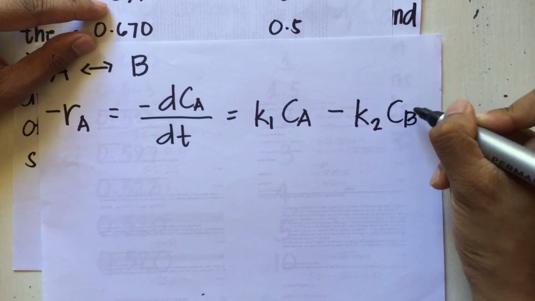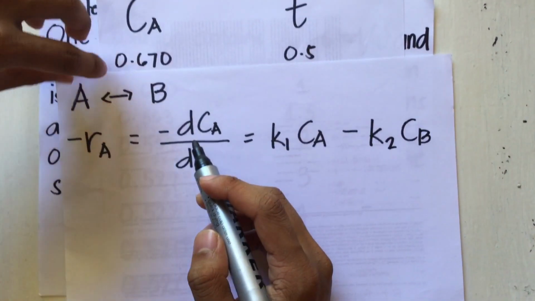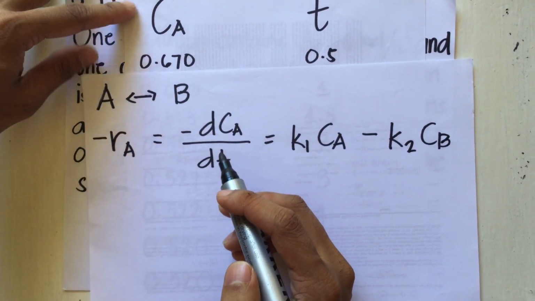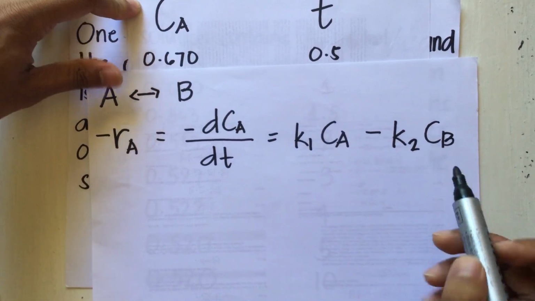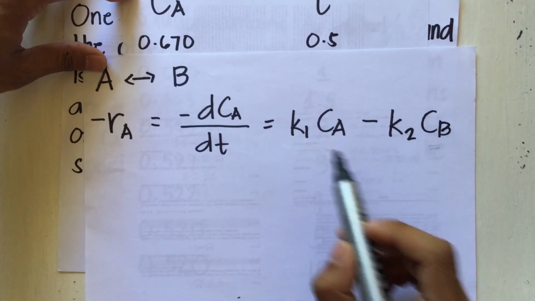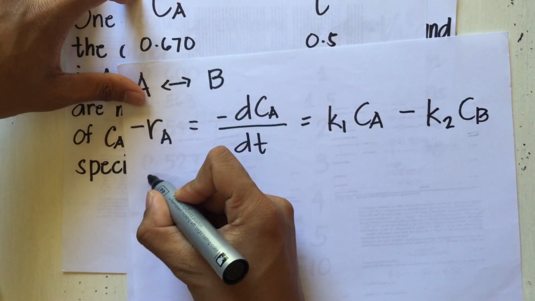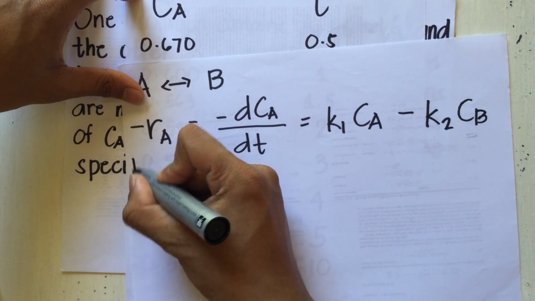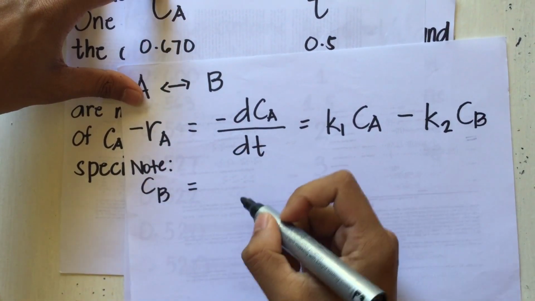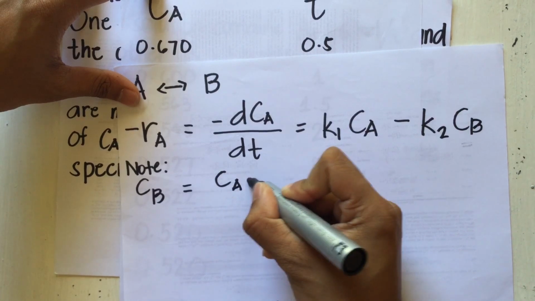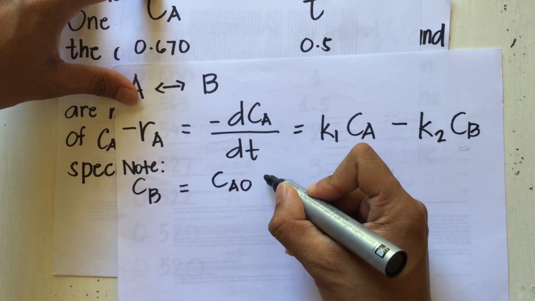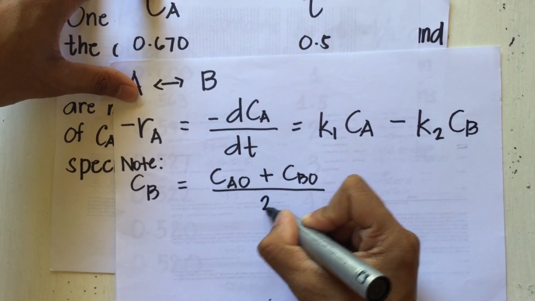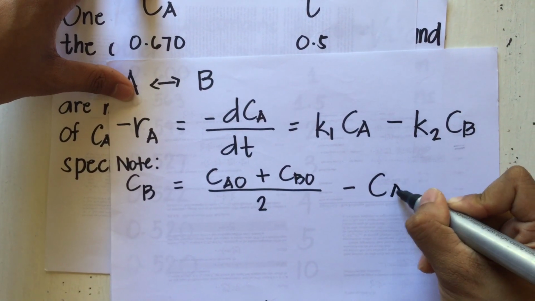Now note that we can see in the chemical reaction that the stoichiometric ratio of A and B is 1:1. Therefore, we can express this Cb in terms of Ca. So we have Cb is equal to the concentration of A at its initial point plus concentration of B at its initial point divided by 2, minus Ca.